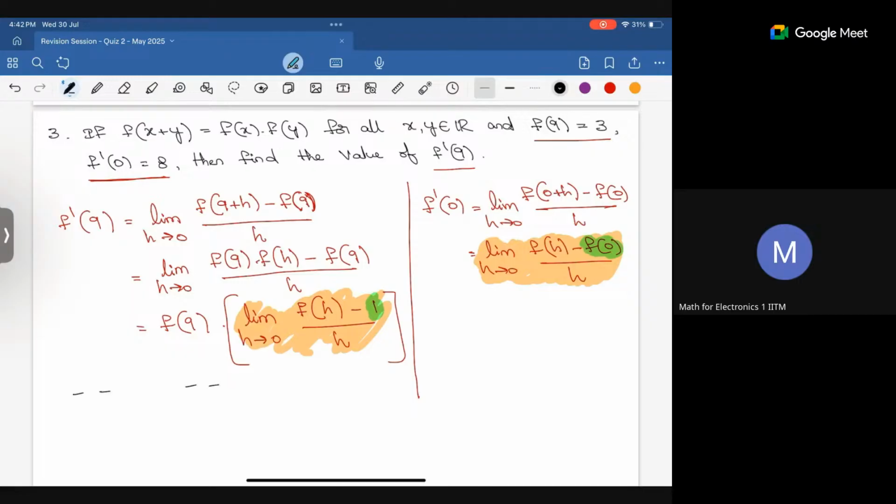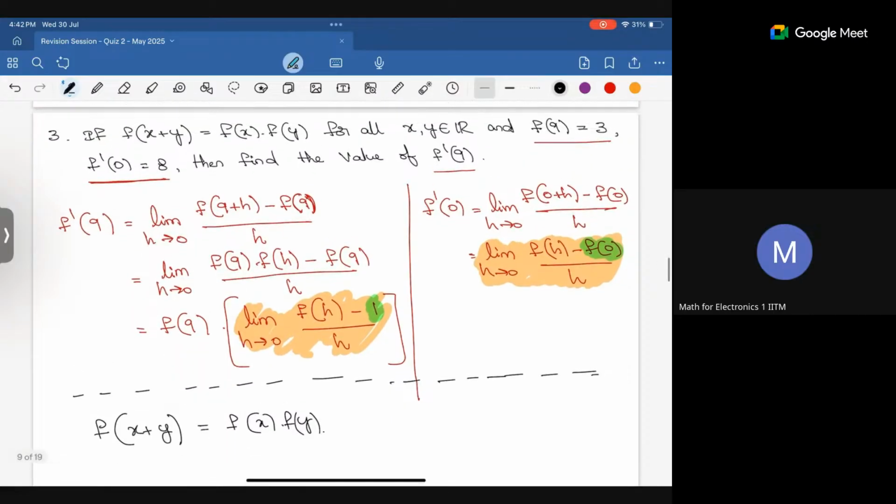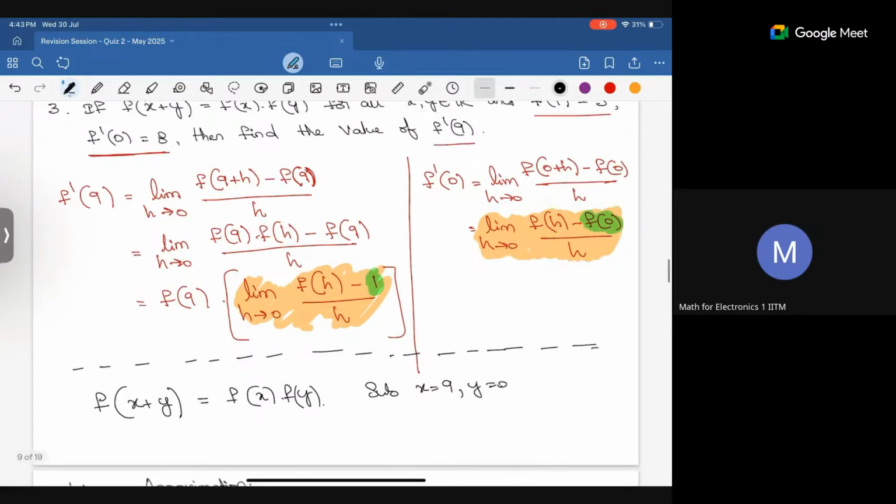For that, we'll just go back to the equation that is given, which is f of x plus y is f of x into f of y. You just substitute x equals 9 and y equals 0. Since we know the value of f of 9, we take x to be 9 and y to be 0, or x to be 0 and y to be 9, both work.